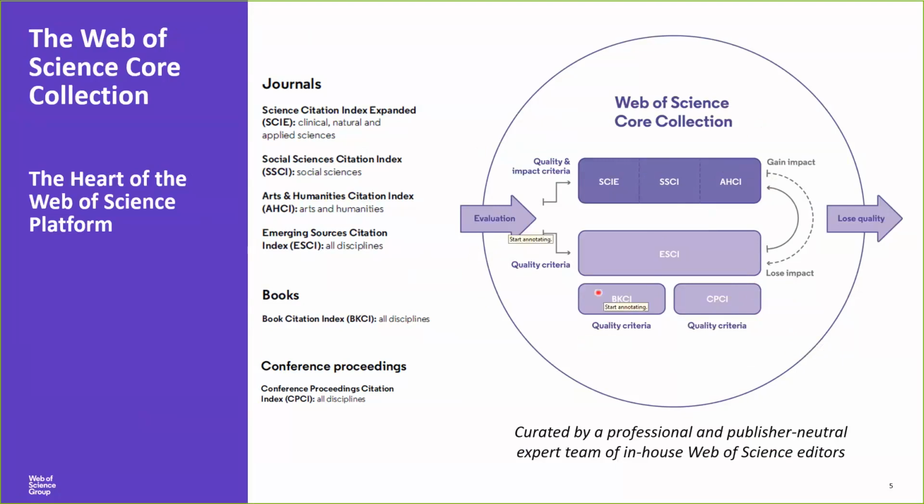The difference is Emerging Sources Citation Index and Books and Conference Proceedings, as well as Arts, would cover journals that have no impact factor. Only the science and social science journals will have an impact factor, and this would be the JCR.